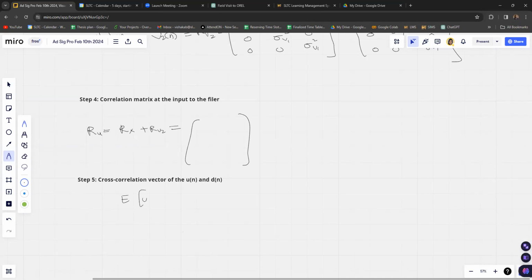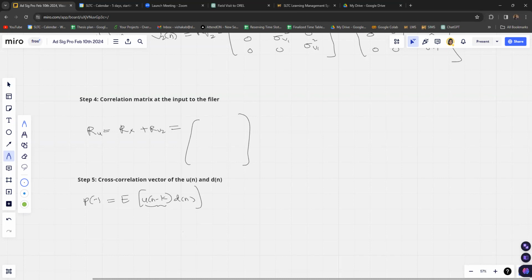Since we are going to consider past values of un, we consider the cross correlation of un minus k with dn, so not only the current value but also the past values are included.